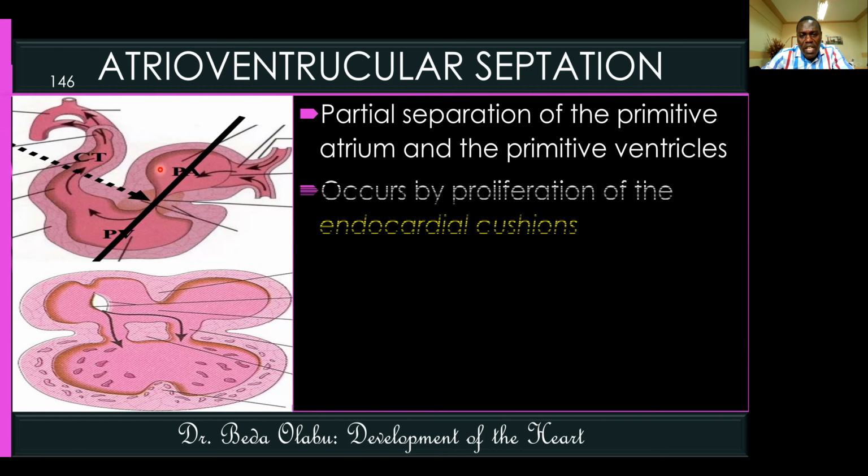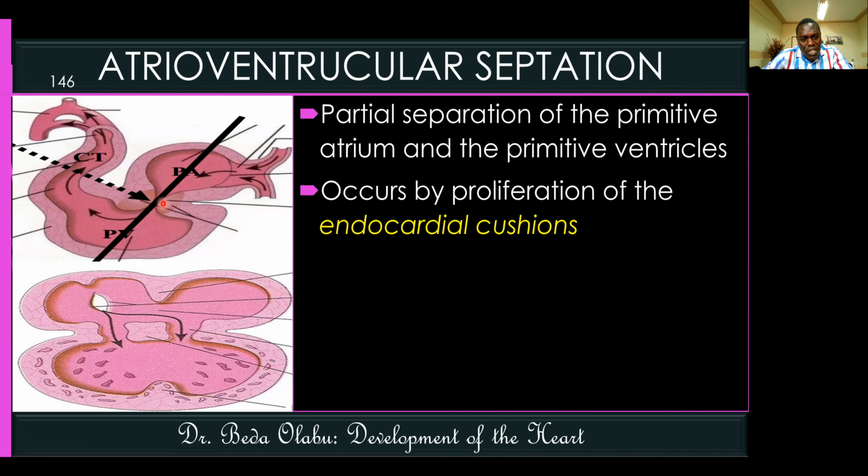It occurs by development of some tissues which we call endocardial cushions. The endocardial cushions grow towards each other and meet in the midline. So if this is the region of the primitive atrium and this is the region of the primitive ventricle, the endocardial cushions grow anteroposteriorly and meet in the midline.